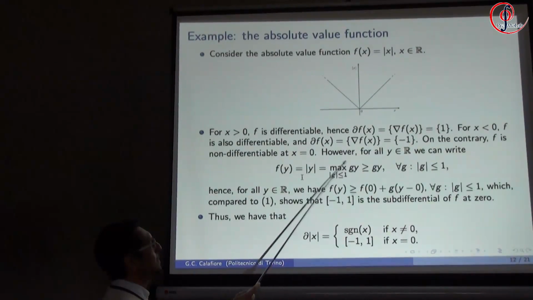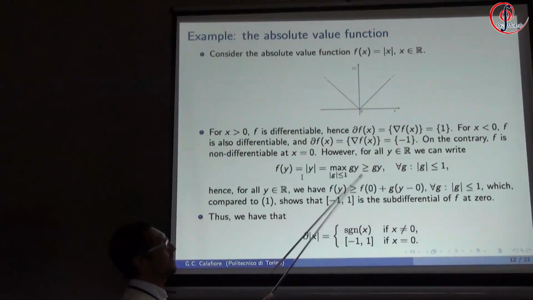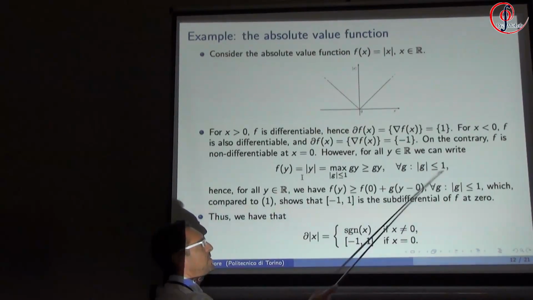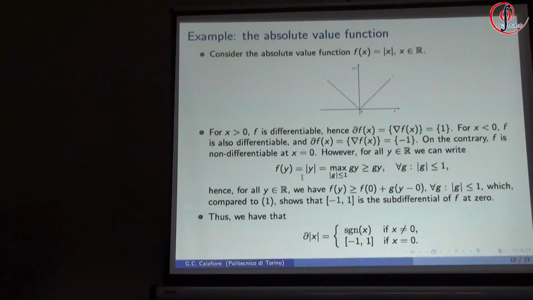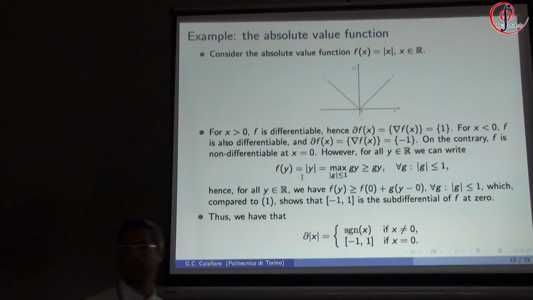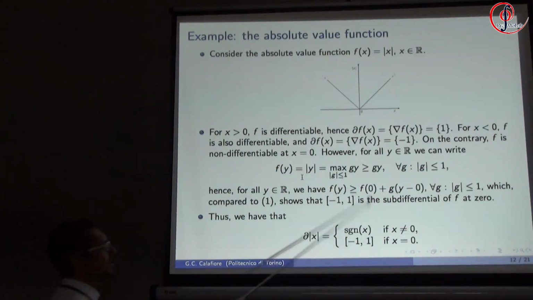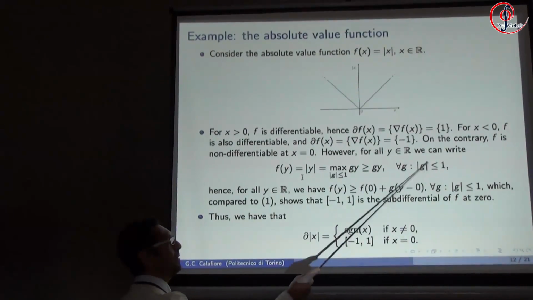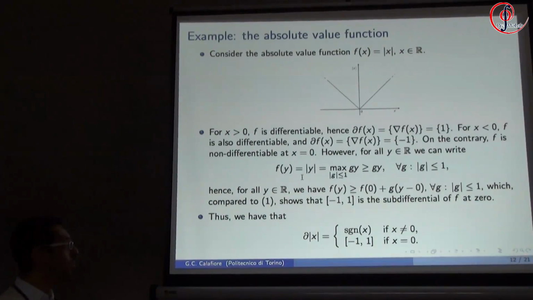And of course the max is greater than or equal to the product for all g which is bounded in absolute value by 1. Therefore, if we compare this to the definition that we gave of what a subgradient is, we see that any number which is bounded in amplitude by 1 is indeed a subgradient of the absolute value function.